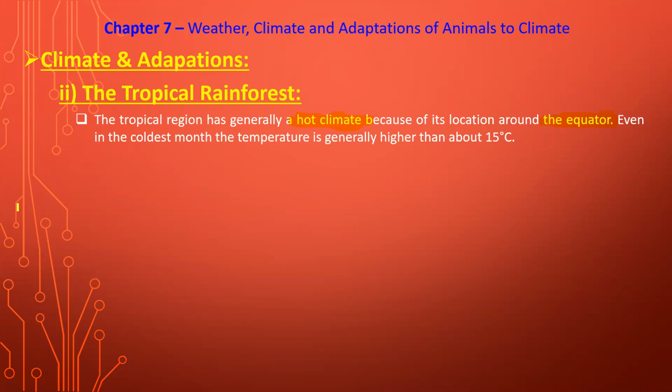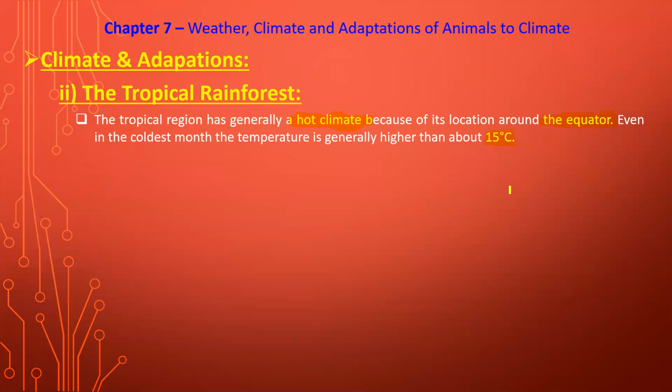Now, even in the coldest month, that means during the winter season, the temperature remains more than 15 degrees Celsius. Most of the time the temperature is high even during the winter. Sometimes it may drop to 10 degrees Celsius, so we cannot say it never drops below 15.